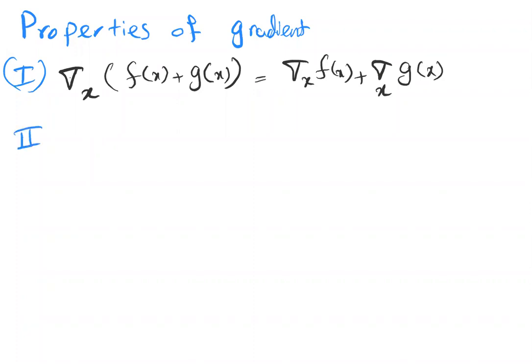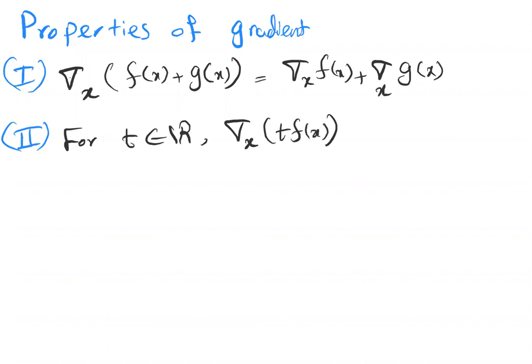The second property, for a real value like t: the gradient of t multiplied by f of x with respect to x is equal to t multiplied by the gradient of f of x with respect to x.